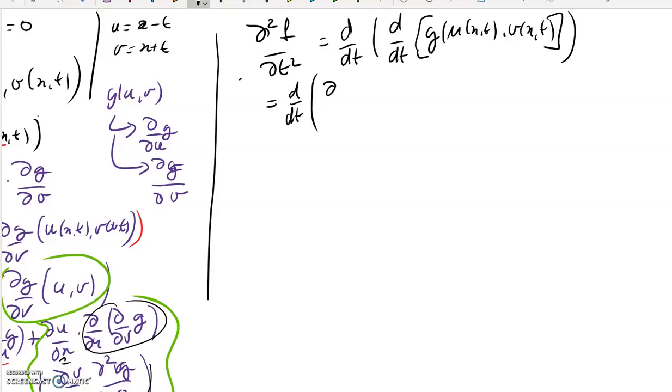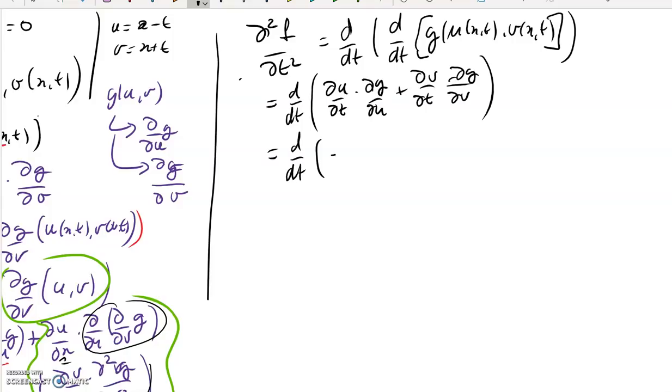That's going to be du over dt times dg over du plus dv over dt times dg over dv. Okay, and so that's really d over dt of minus dg over du plus dg over dv. Okay, because du over dt from that is just going to be minus 1, and dv over dt, that's just going to be plus 1.